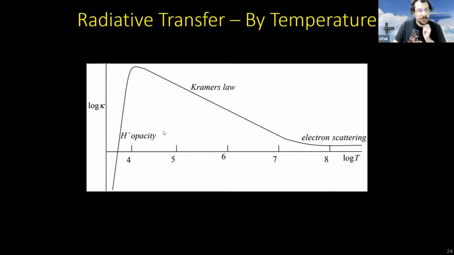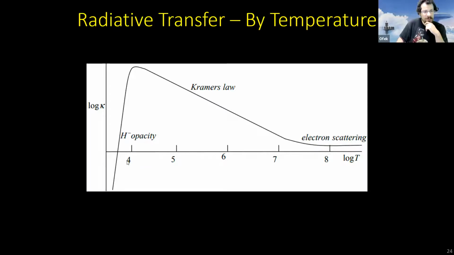In most of the interior, you'll find an opacity law called Kramers' law, which Yehu will show you and also give you the homework exercise to derive the opacity dependence on temperature from the relevant processes, basically free electron scatterings around ions in the star.